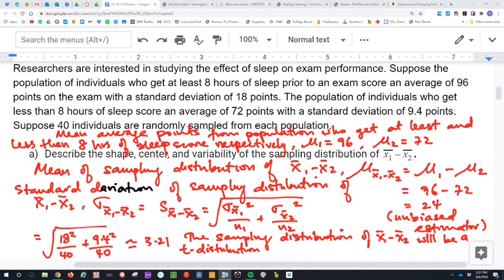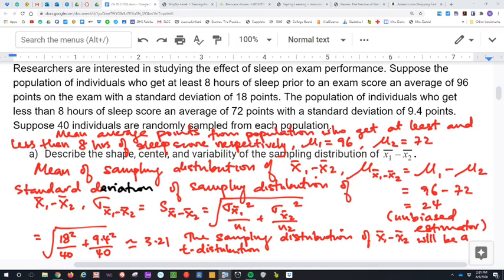Now, you can have population standard deviation coming from two groups, but in this case, when we're taking the difference of the two groups, the actual population standard deviation of the difference of the two groups, we don't know that. That's an unknown.